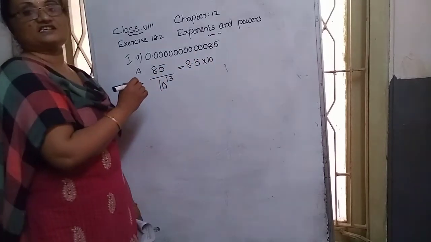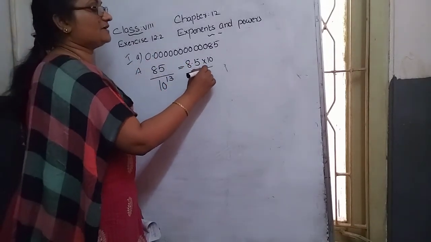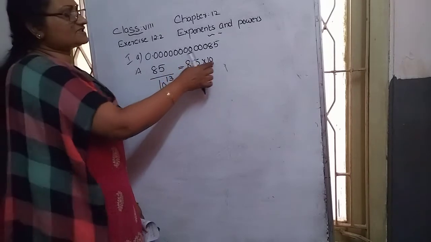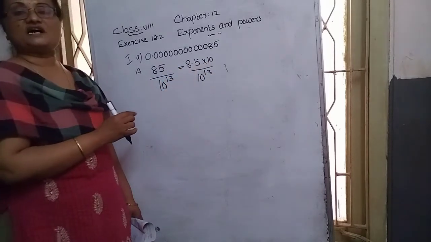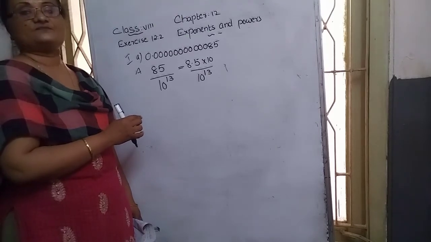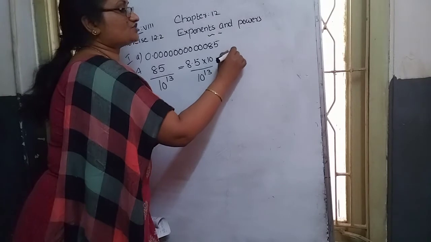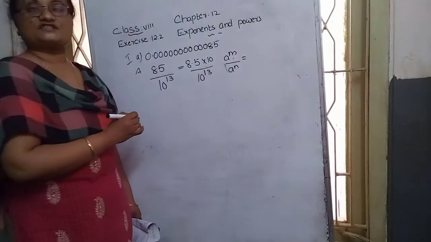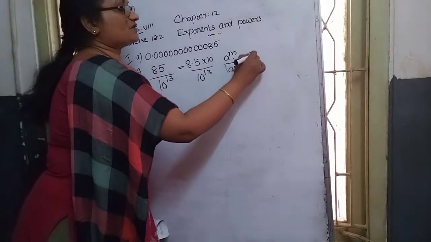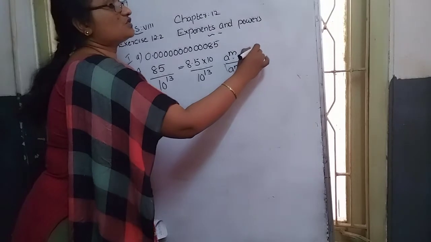One digit is there, so multiply by 10 and divide by 10 power 13. Now both numerator and denominator are powers of 10, so it is in the form a raised to m by a raised to n. Division laws of exponents apply: when the base is the same, write the base one time and the powers are subtracted.